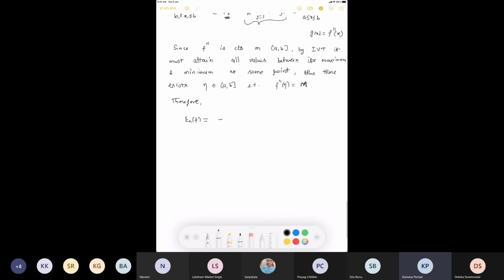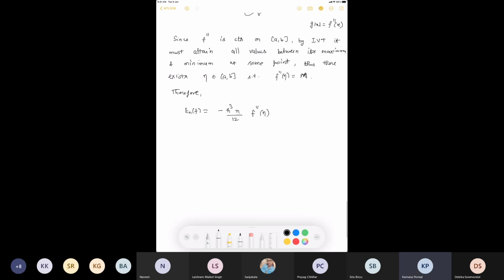So this is minus h cube into n divided by 12 into f double prime of eta for some eta in the interval AB. So upon simplifying, n into h is b minus a. So this is going to be minus (b minus a) divided by 12 h square times f double prime of eta.